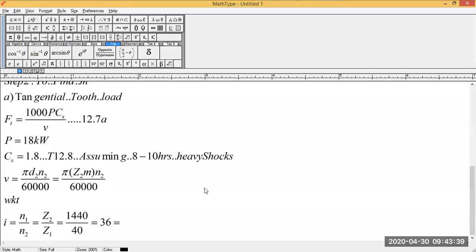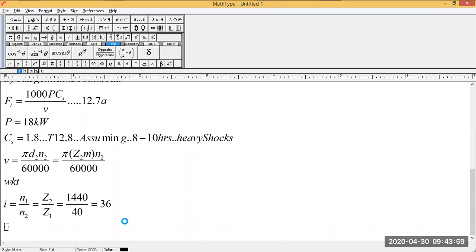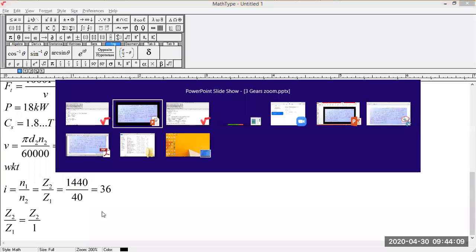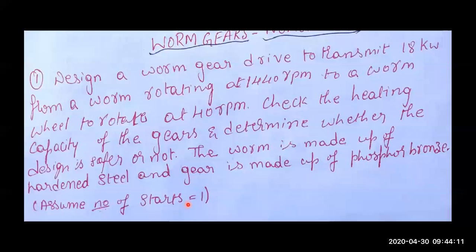In case of worm, depending on the number of starts, we can assume Z1 as 1 itself, because the number of starts given in the question is 1.